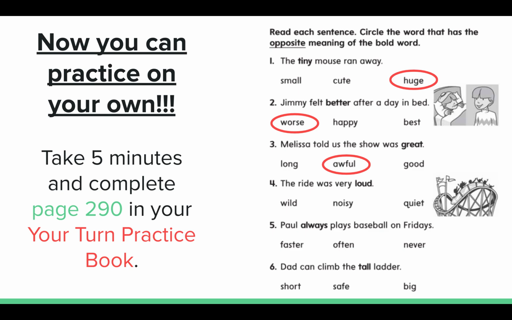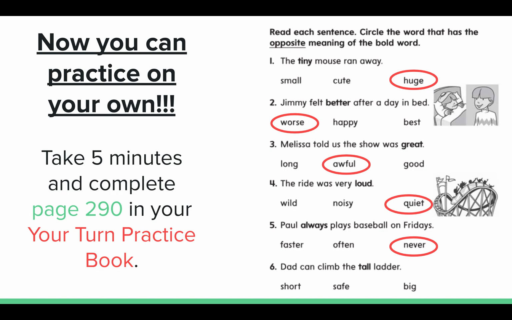Awful. Number 4, the ride was very loud. What is the opposite of loud? Quiet. Number 5, Paul always plays baseball on Fridays. This is review. What is the opposite of always?